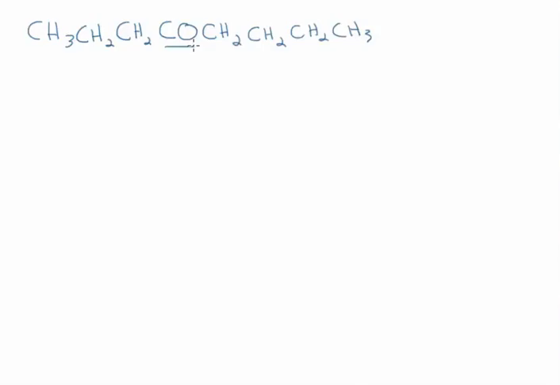And oxygen often double bonds with carbons in hydrocarbon chains when it's not an alcohol. So if it's not an OH, there's probably going to be a double bond. We can expand it. 2, 3, 4.